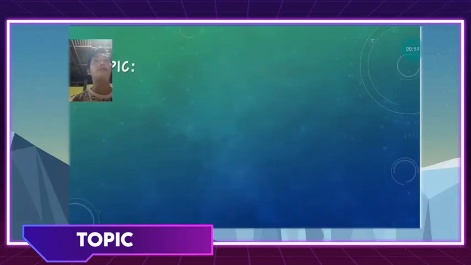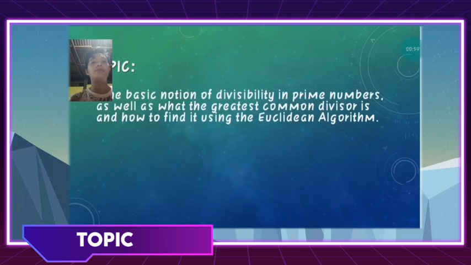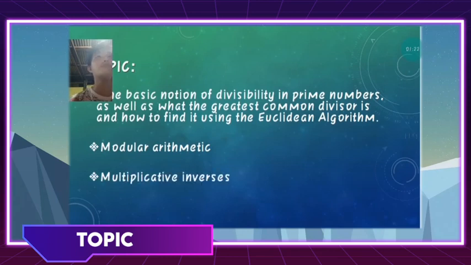The main topics we'll be covering include basic notions of divisibility and prime numbers, as well as what the greatest common divisor is and how to find it using the Euclidean algorithm. We'll see that while division is not defined in modular arithmetic, we will also discuss the multiplicative inverse.